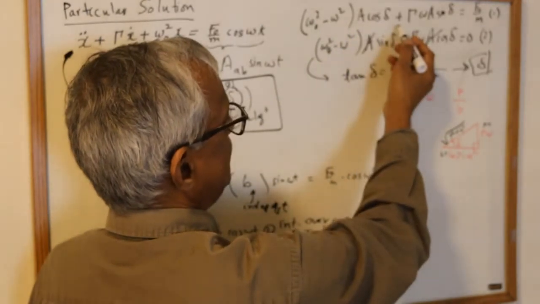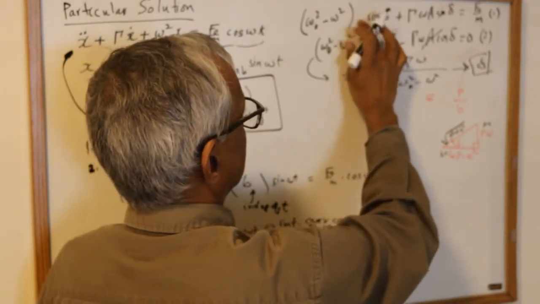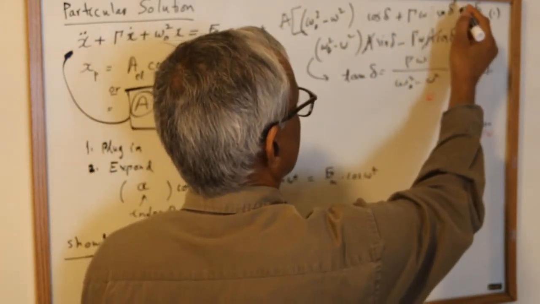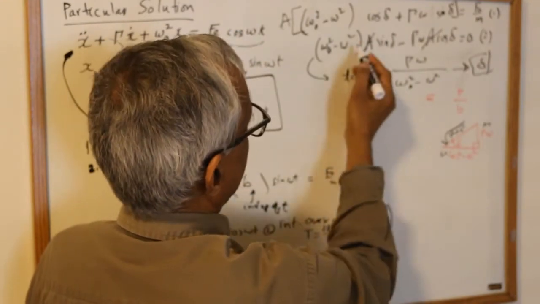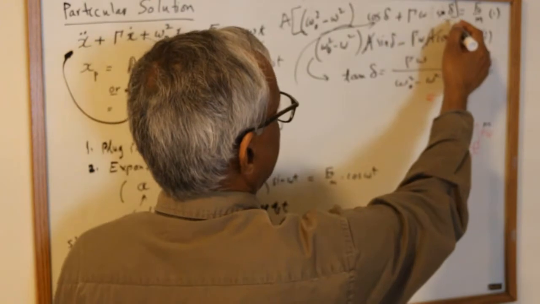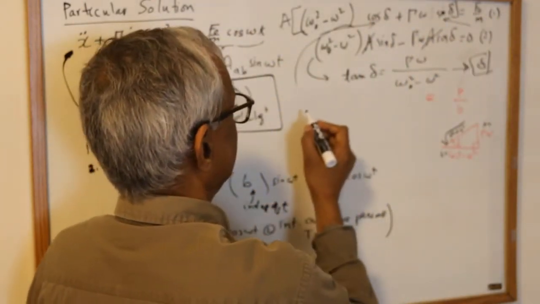So if I go over here, I can solve for a. The a is completely common to both of these equations. So I put cosine delta in here from this, and sine delta in here, divide both sides, and solve for a.